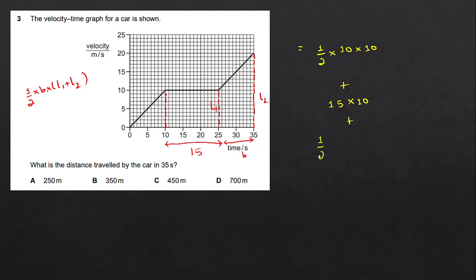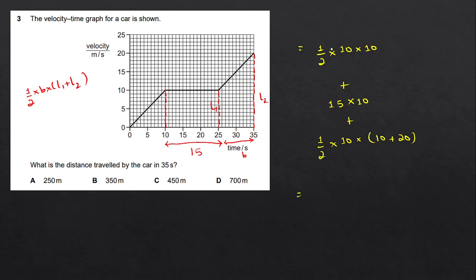Half times base is 10, L1 is 10, and L2 is 20. If you find the area of the trapezium difficult, you can also split this into two parts. You can make this a square and the other part a triangle. So you can find the area of this square and the area of this triangle and you will get the same answer.